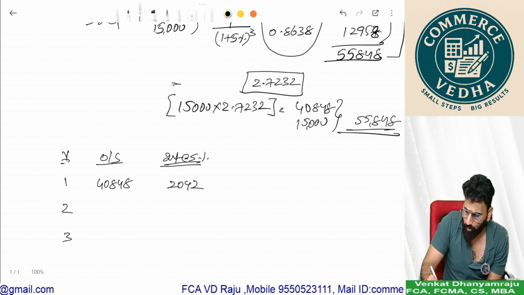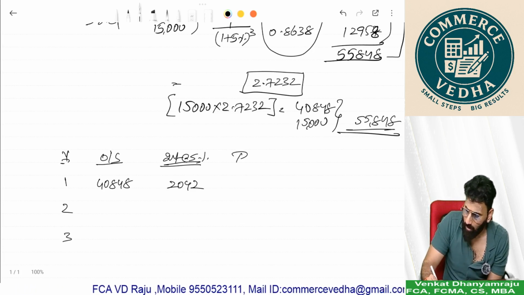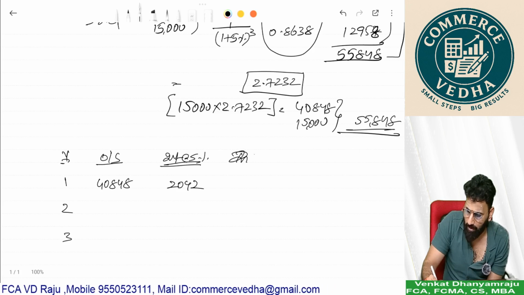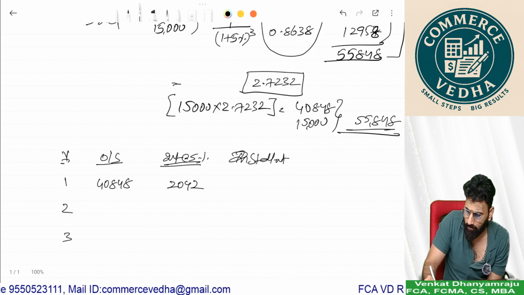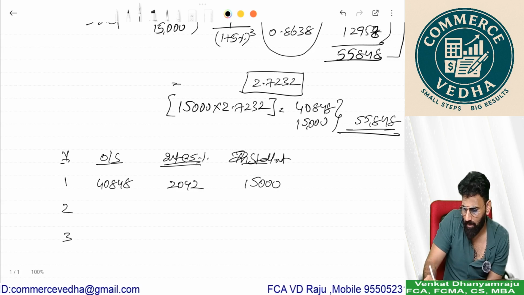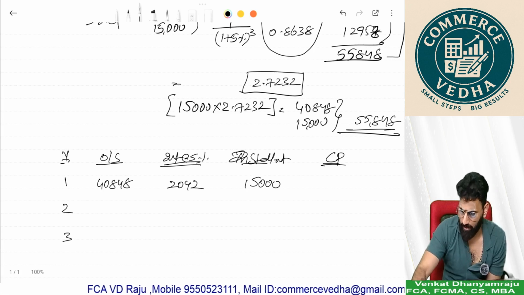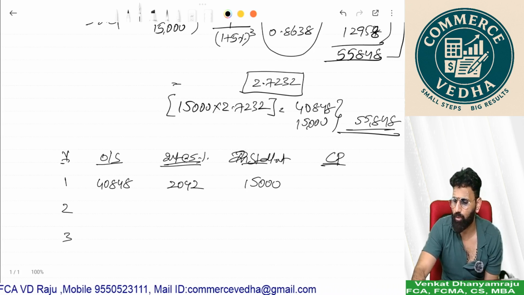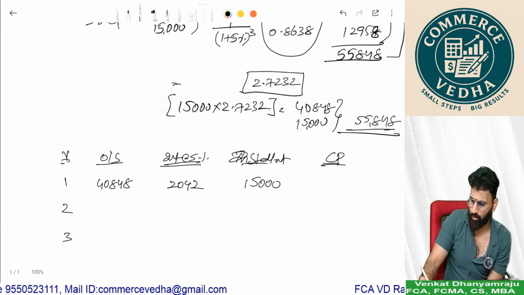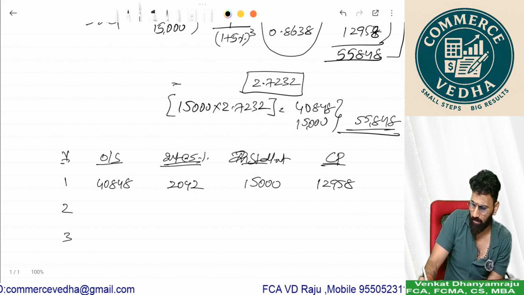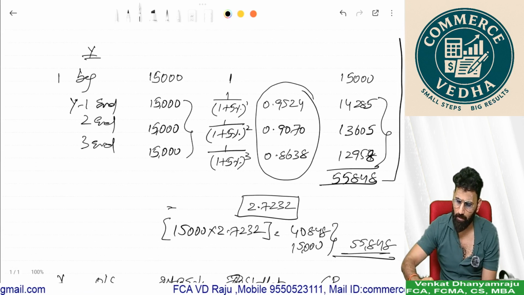Then you paid an installment of 15,000. So the cash price paid is 15,000 minus 2,042, which is 12,958 in the first year.